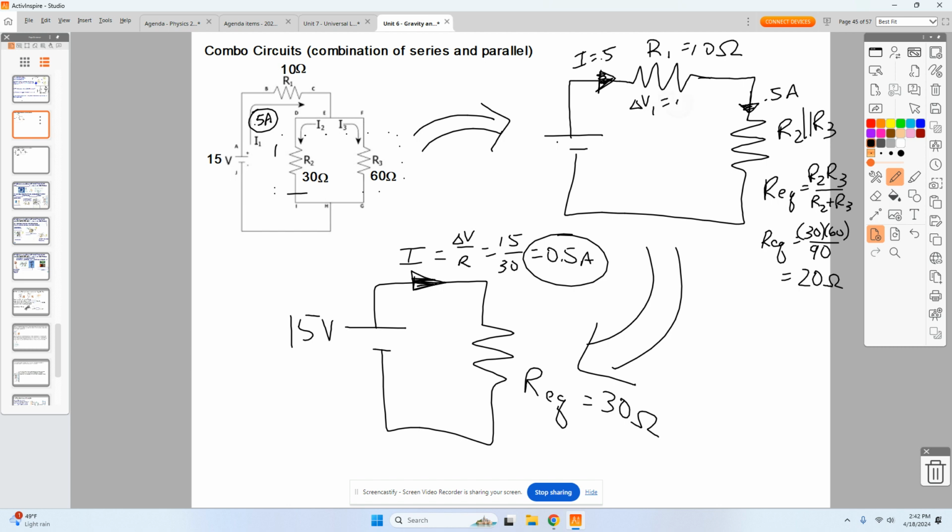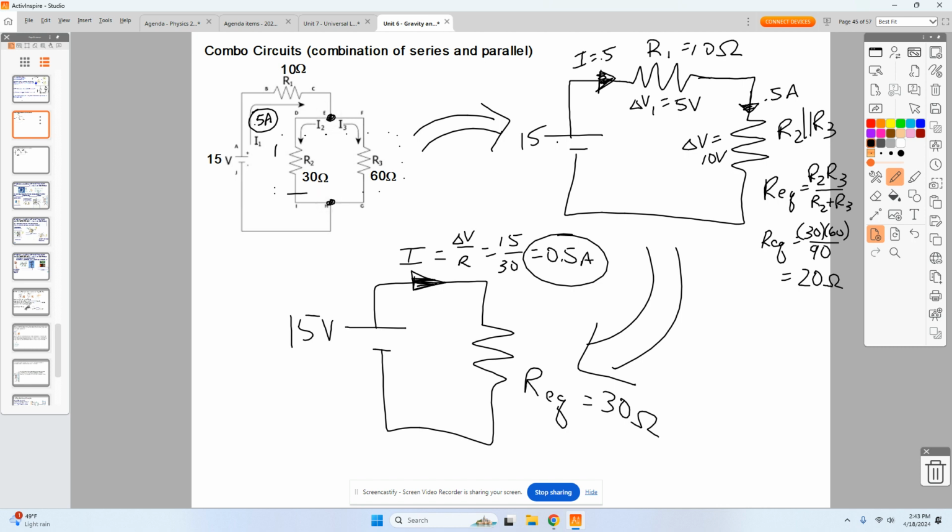Delta V1 is 5 volts. I'm just multiplying those two together. What's the voltage drop across these two? Has to be 10. If this is 15, this delta V across this is 10 volts. Correct?